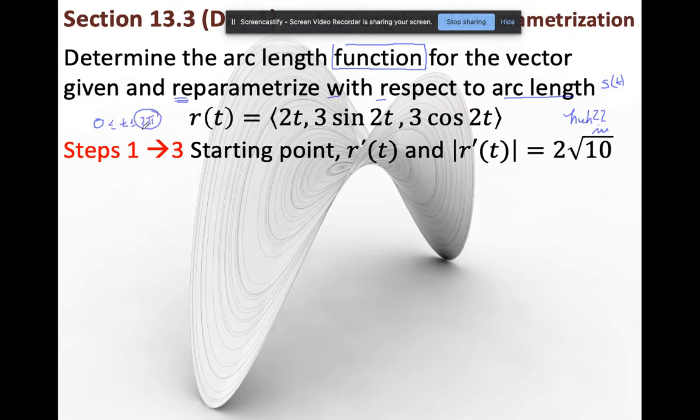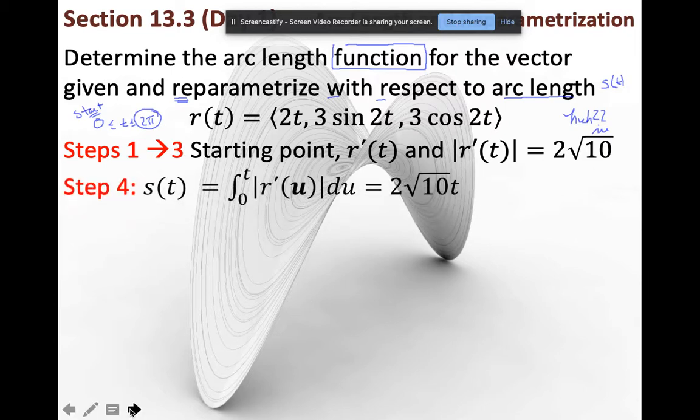I just want to not have this ending point. I have the start, but not the end. I did find r prime of t, and I found that the magnitude of r prime of t was 2 root 10, but I'm going to turn that into a function, and I'm going to integrate from 0, the starting point that they gave me.